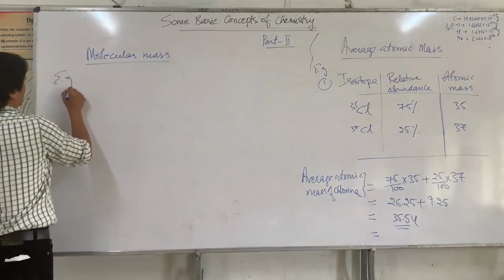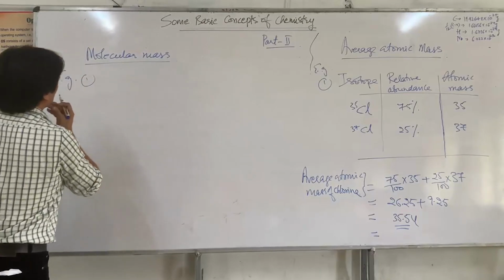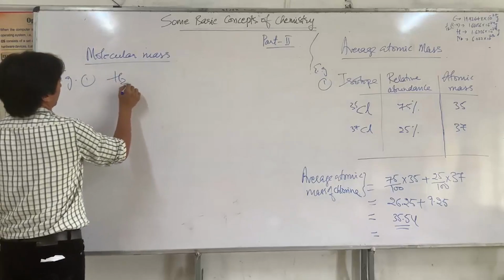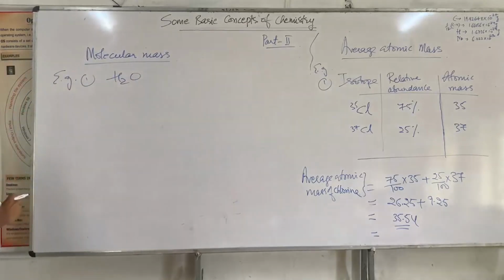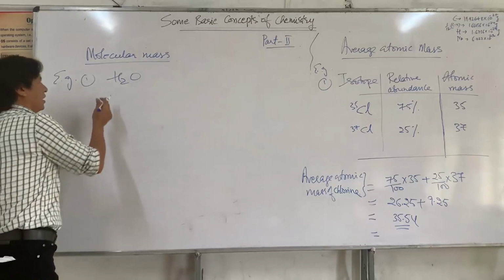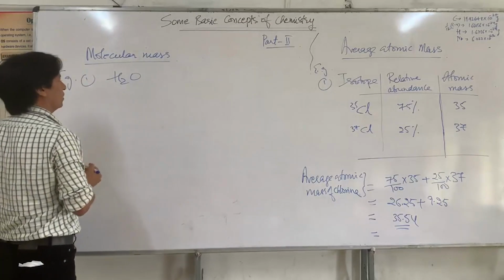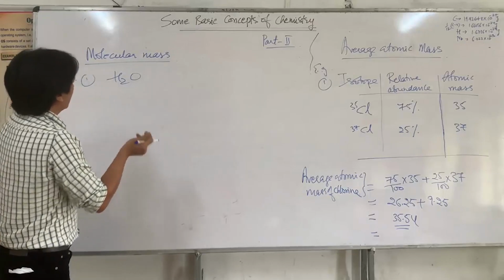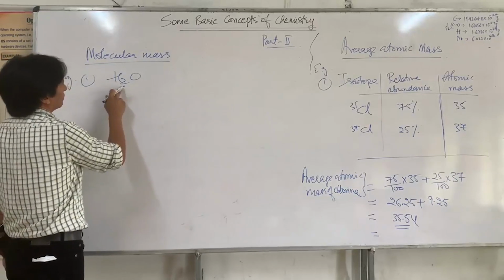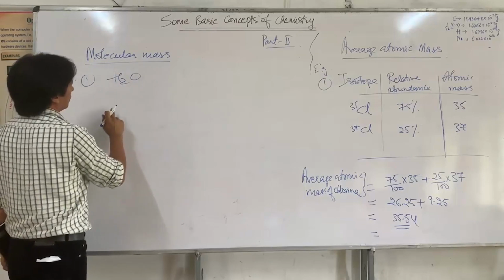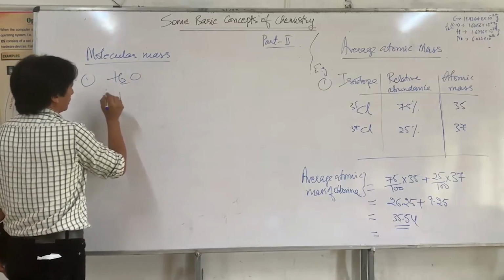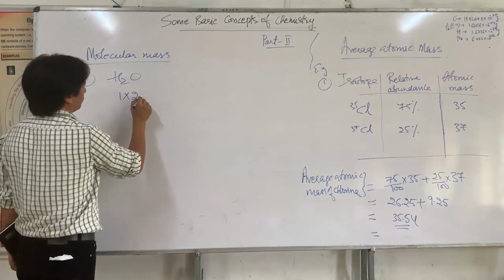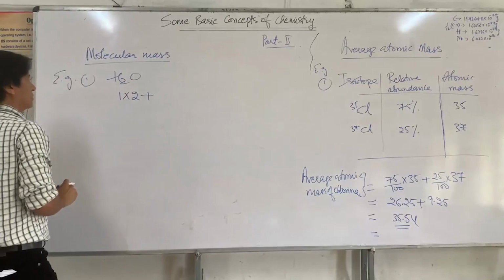Now we'll just take up an example, the simplest one I think is that of water. We'll try to find the molecular mass of water. You know that the mass of an atom of hydrogen is 1. Since you have 2 atoms of hydrogen in a molecule of water, 1 is the atomic mass of 1 atom of hydrogen, and since you have 2 atoms there, you multiply by 2, plus 1 atom of oxygen.